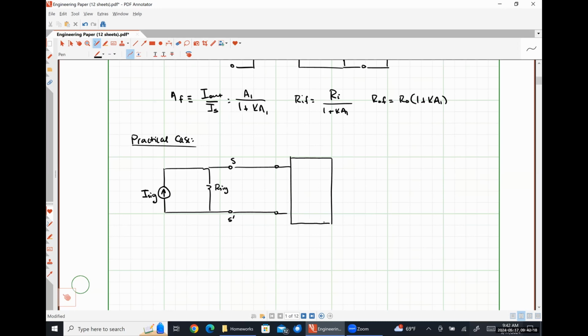This is our open loop amplifier circuit. Our load resistance.